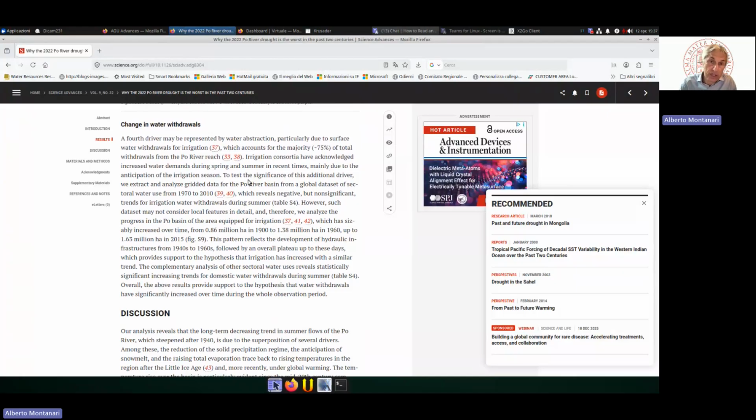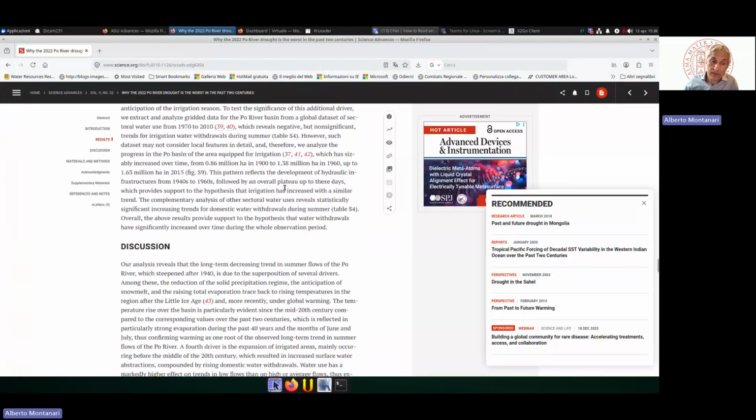It's not easy to estimate water withdrawals, but our analysis, which is in a way a bit qualitative, proves that the change in water withdrawals is not really so significant.